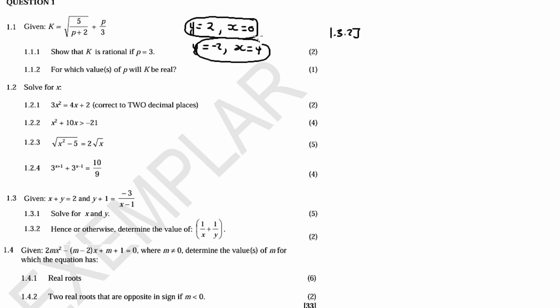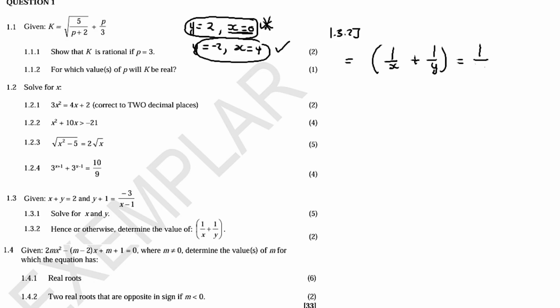1.3.2. Let's check: the first pair, 1 over x plus 1 over y. If we take this pair, the solution does not exist, so we have to take the second pair, because we can't have 0 as a denominator.